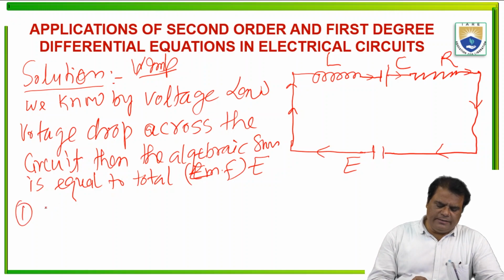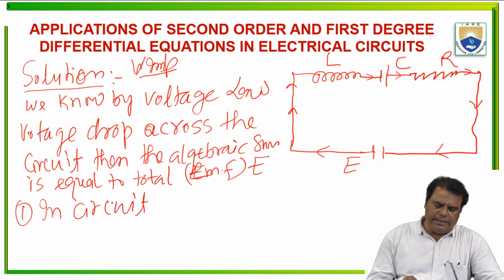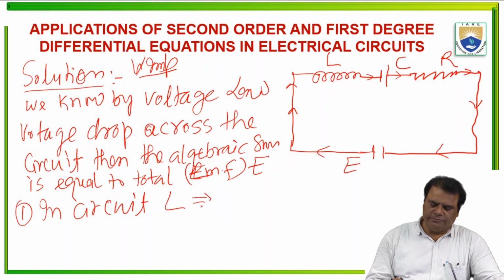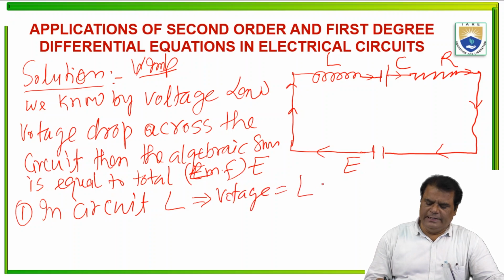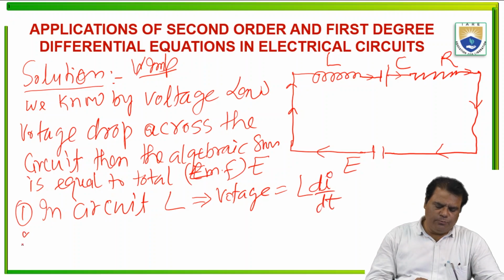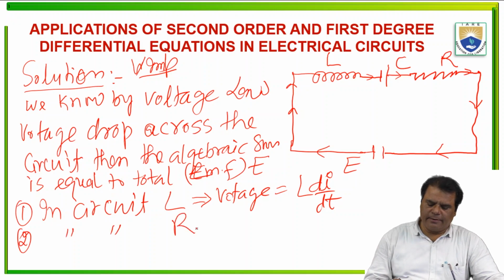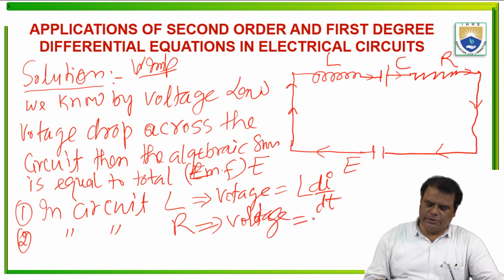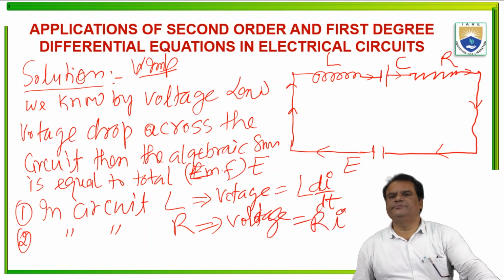Now first of all, number 1, L is there in our circuit. The voltage across it is L di over dt. Number 2, in the circuit R, so the voltage is equal to Ri.